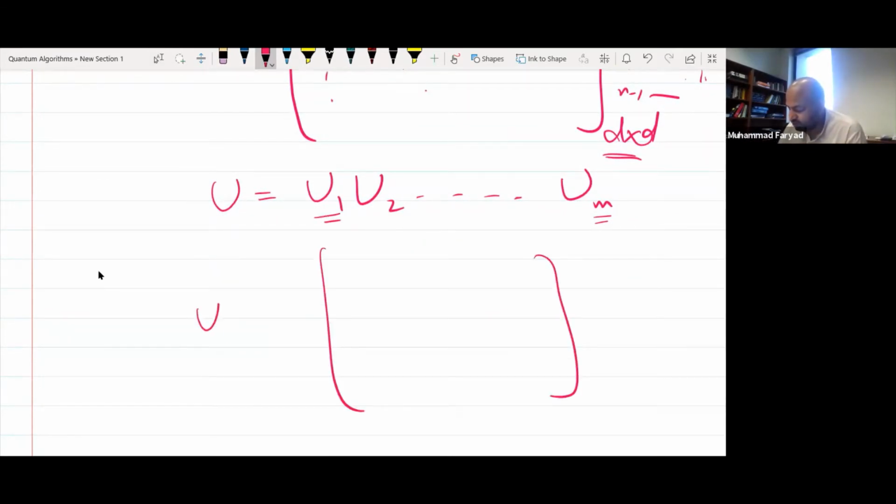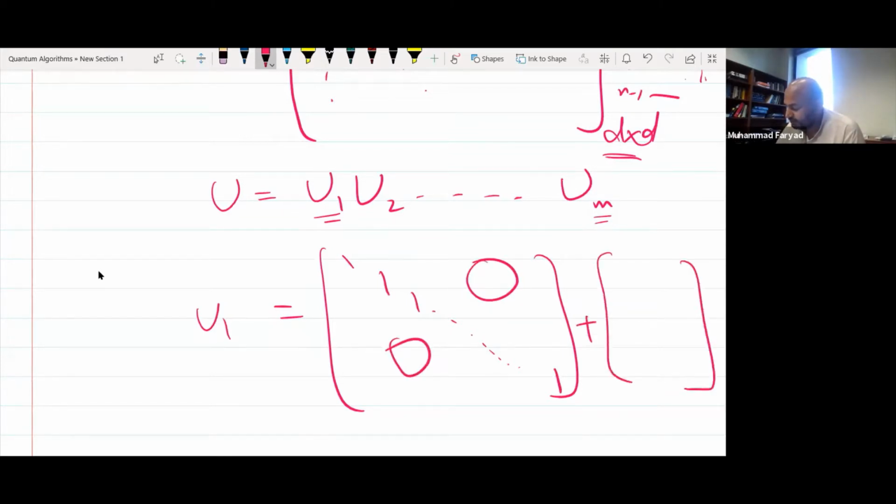For example, this U1 has ones everywhere except at 4 places, and zeros everywhere except 4 places where we have non-zero elements.